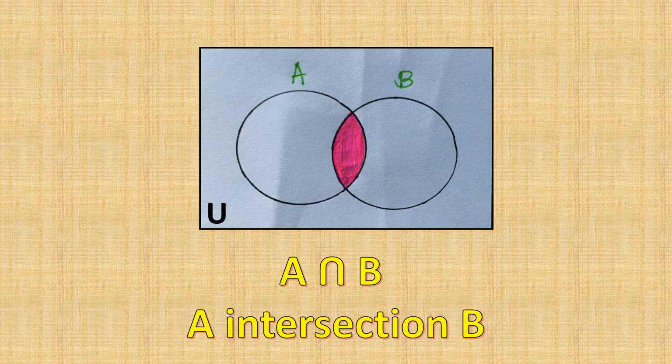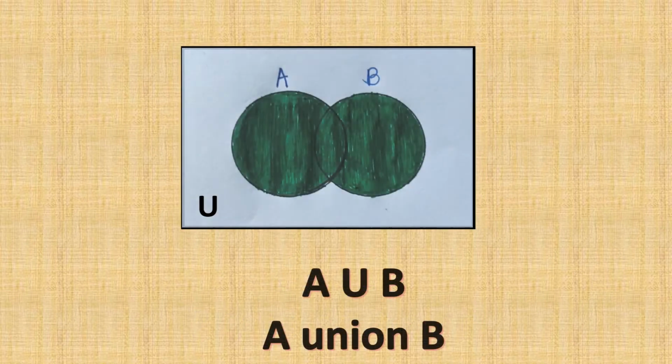Elements are common to set A and set B. This is A and B, or A intersection B. Number 4. Elements which belong to set A or set B or to both sets. This is A or B, or A union B.